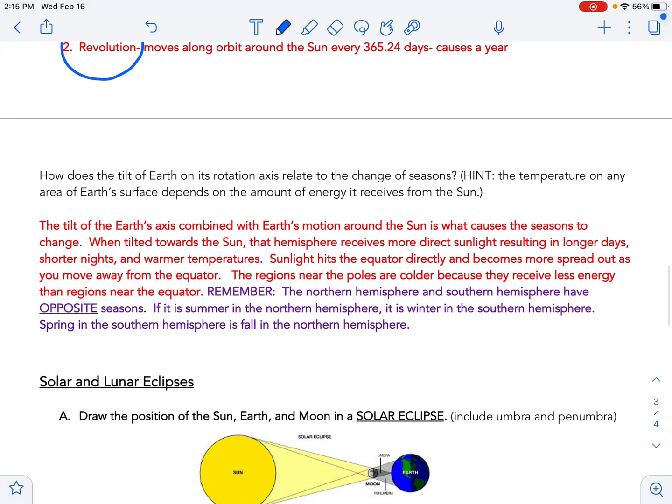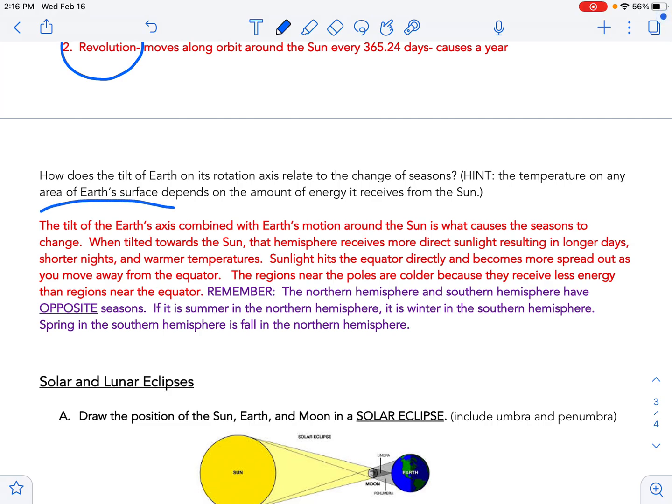All right, so how does the tilt of Earth on its rotation axis relate to the change of seasons? Hint, the temperature on any area of Earth's surface depends on the amount of energy it receives from the sun. The tilt of Earth's axis combined with Earth's motion around the sun is what causes the seasons to occur.